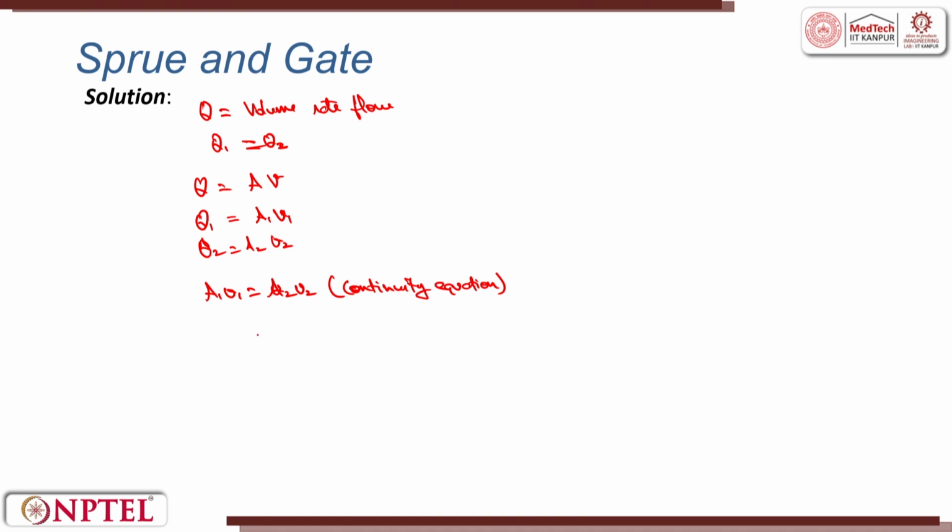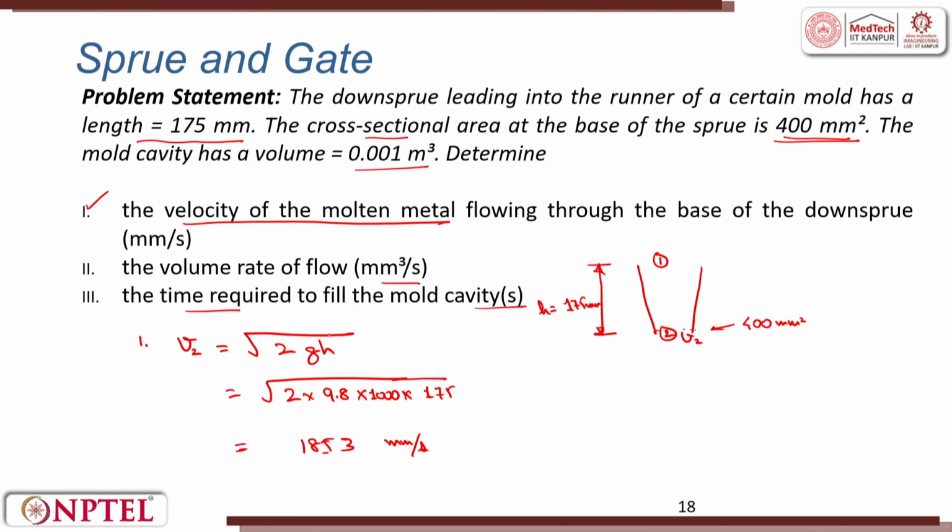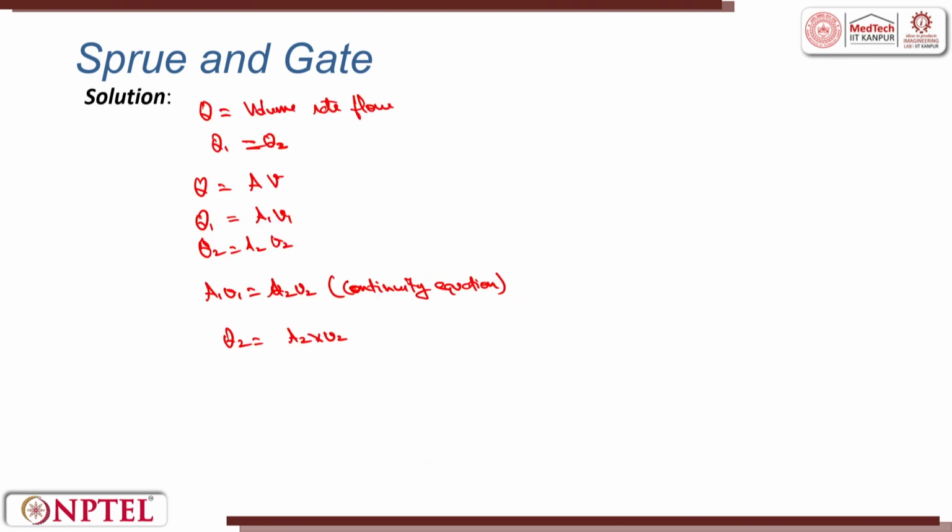Now, Q2 is equal to A2 into V2. We have been given A2, the area here, as 400 millimeters square, and V2 we have calculated as 1853 millimeters per second. Let me now find Q, the volume rate. So this is equal to 400 into 1853.